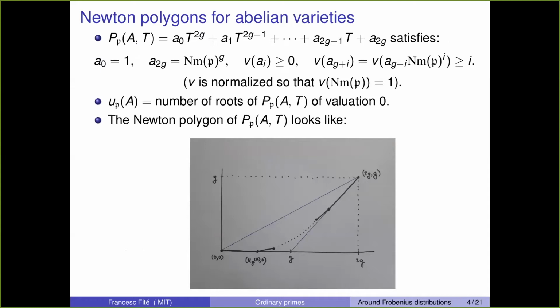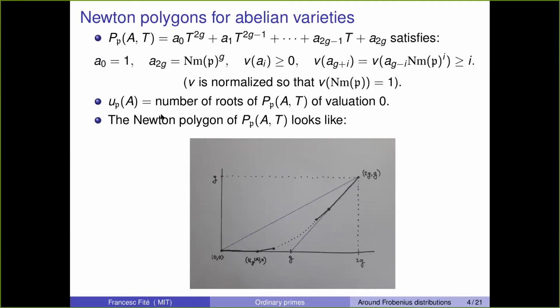And well, in this case, these polynomials are special, so the Newton polygons have some further properties. So yeah, we know that P sub P is a characteristic polynomial, and therefore it is monic. So this already tells us that the Newton polygon starts at the point 0, 0.